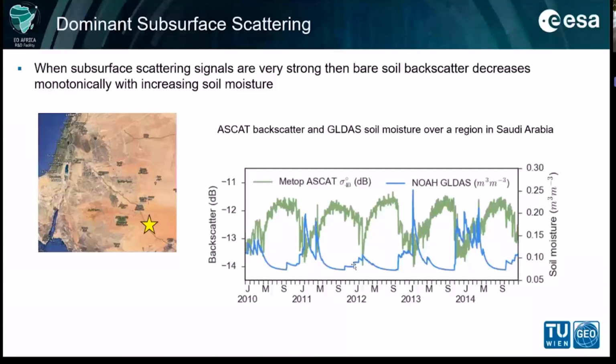If you look at the backscatter measurements done by the Advanced Scatterometer, it's almost a direct inversion of the signal from the soil surface. So here you see exactly this inverse relationship between soil moisture and backscatter.